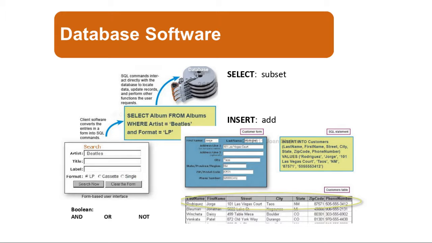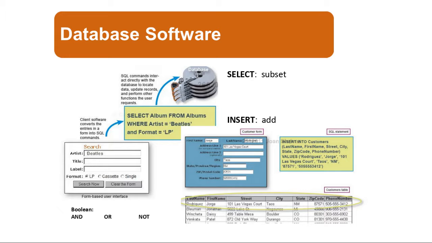When we insert, we do the same thing. We use a form, okay? And then it's converted into an SQL statement. So when we add records, we're doing an insert command. We have to tell it what table, the fields of information, and what the values are that we want placed in those fields of information.